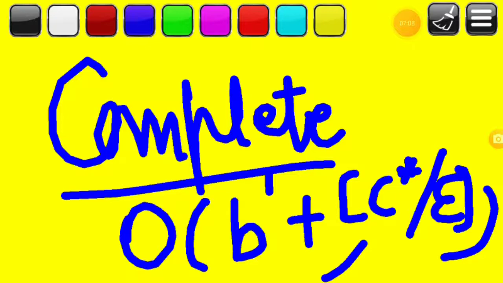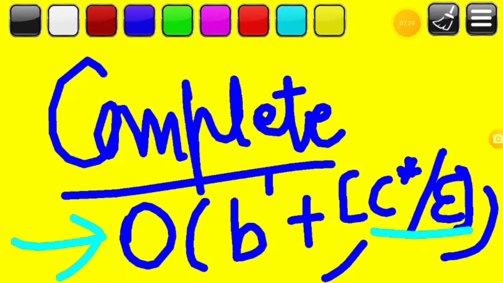The number of steps is C star by epsilon plus 1, where we take plus 1 as we start at 0. This is the worst case complexity for UCS.